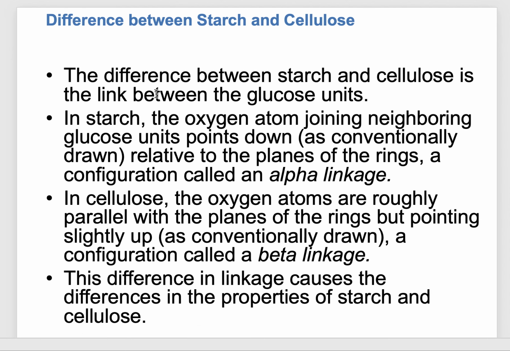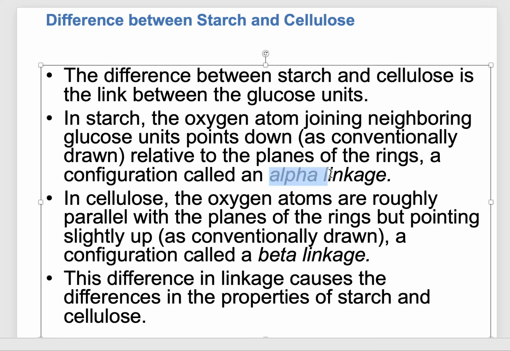There is a difference, as I mentioned earlier, between starch and cellulose, and that's the bond. In starch, you probably heard about amylose and amylopectin. They are both different forms of starch, and they are digestible, and the difference is that it's alpha linkage, the digestible form.